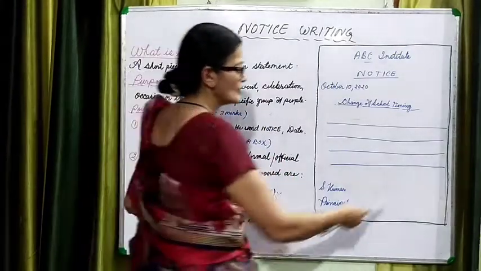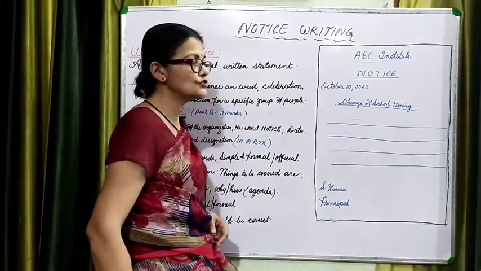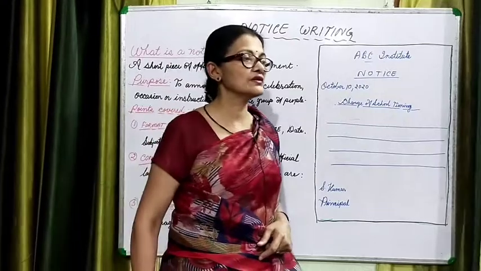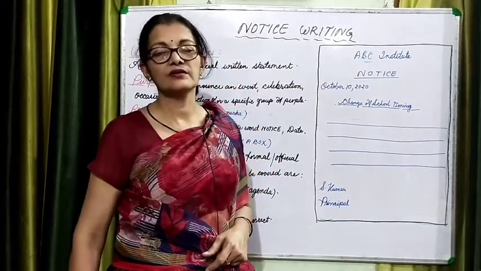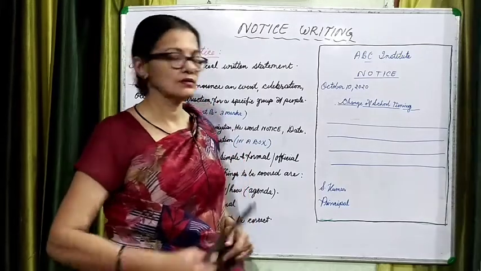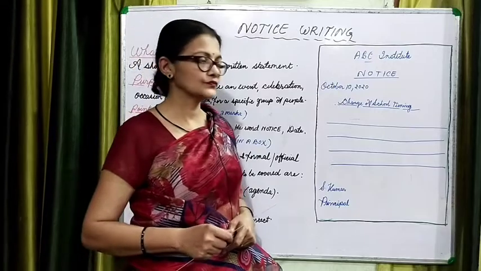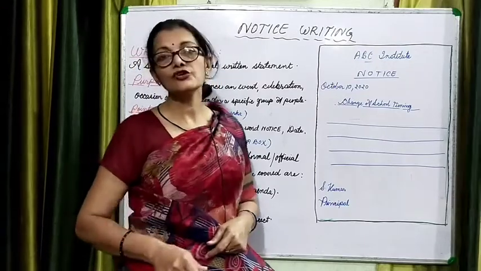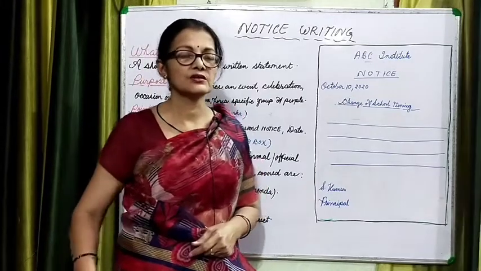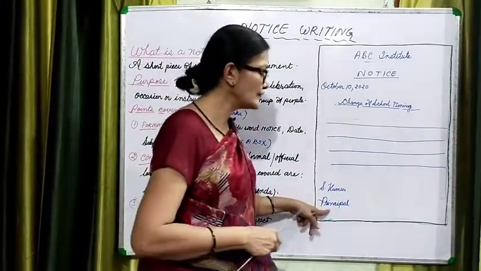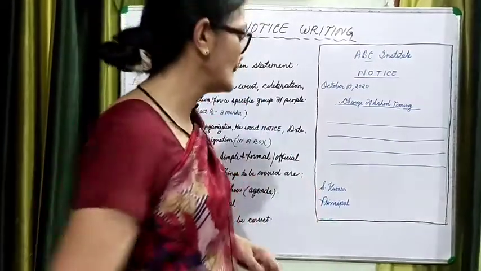Then we have the content, and after that, one thing children usually make a mistake in, and they don't think that marks are deducted. It is deducted. Even in a letter or notice, where you have to write the name of the authorized signatory and his position, you cannot write the position before the name.